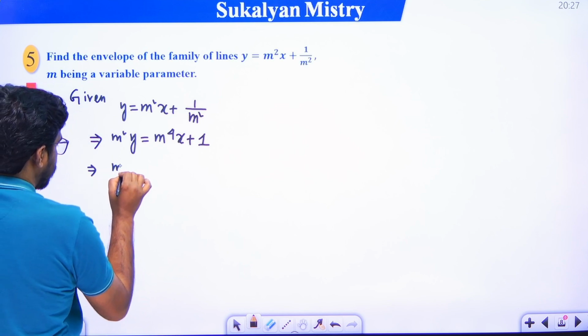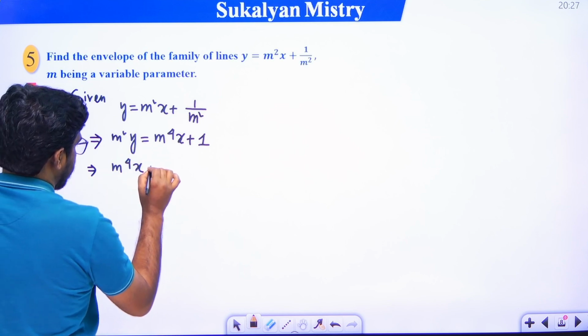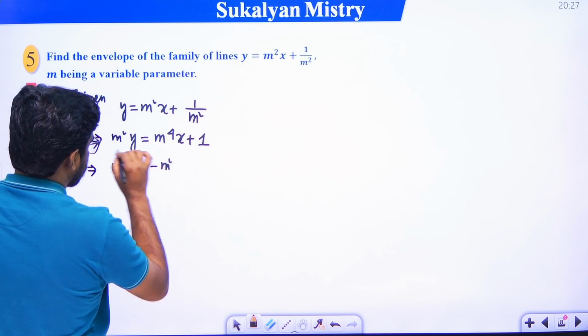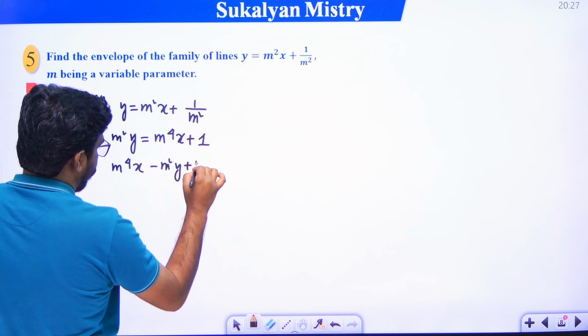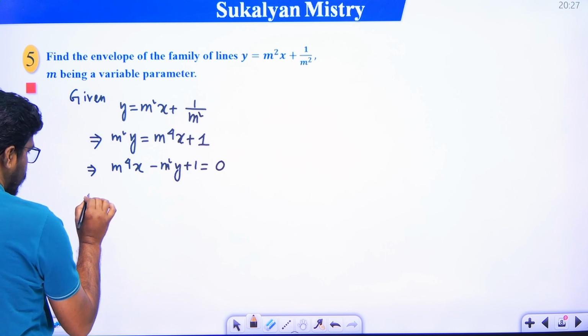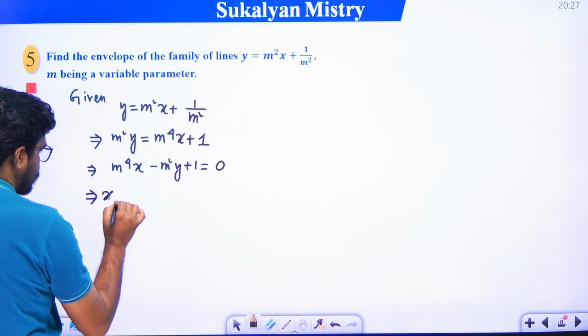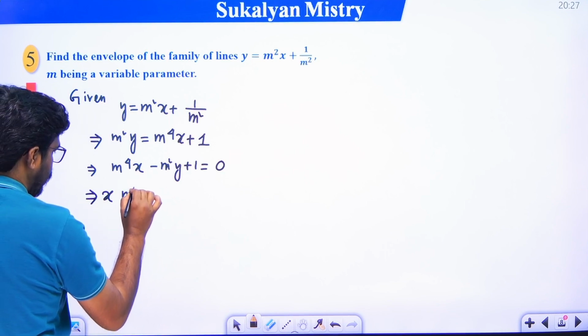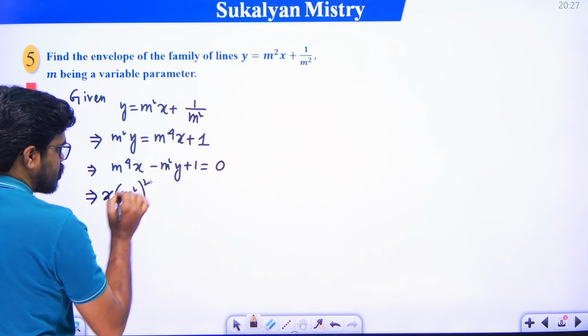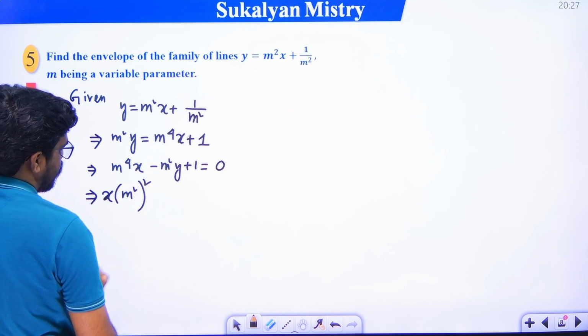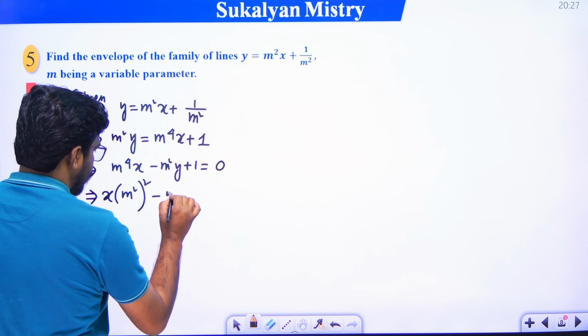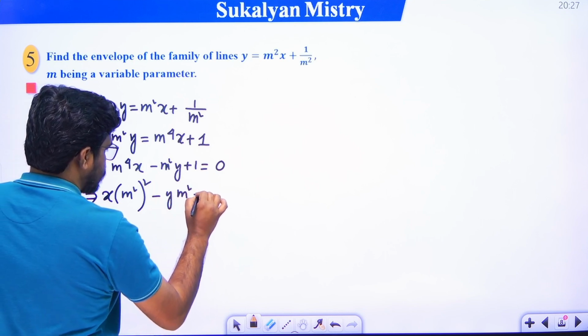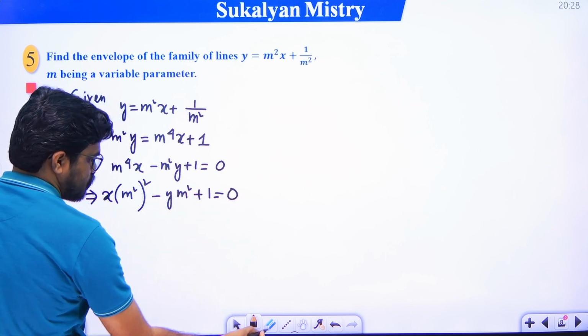That means m to the power 4 x minus m square y plus 1 is equal to 0. You see, this is x times (m square) whole square minus y m square plus 1 is equal to 0, right?